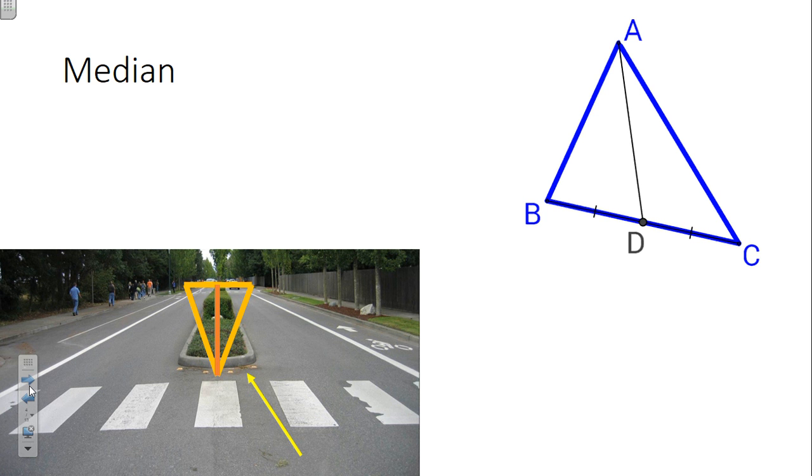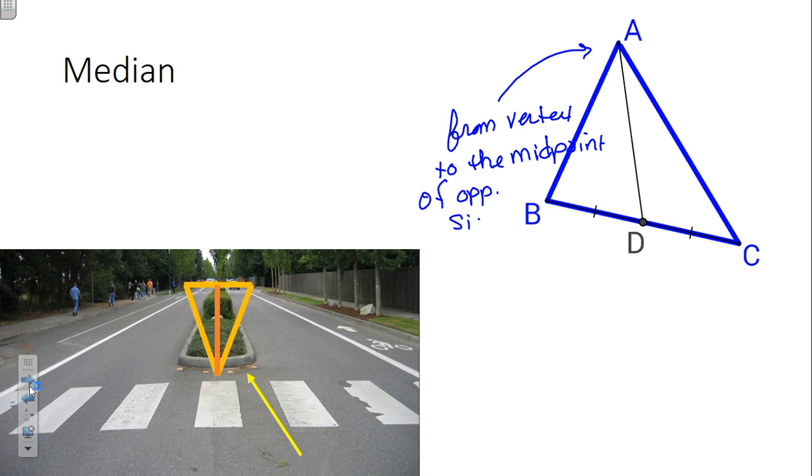So a median goes from the vertex to the midpoint of the opposite side. Notice the tick marks. This is what we're looking for here. From the vertex to the midpoint of the opposite side.